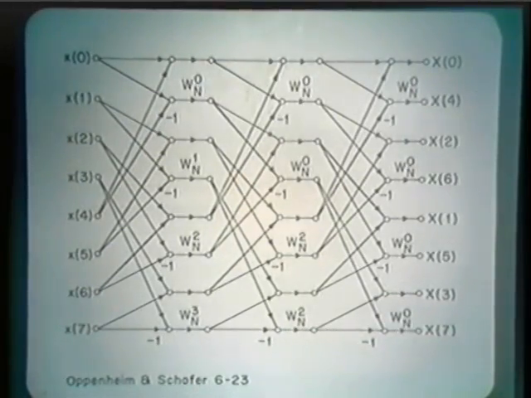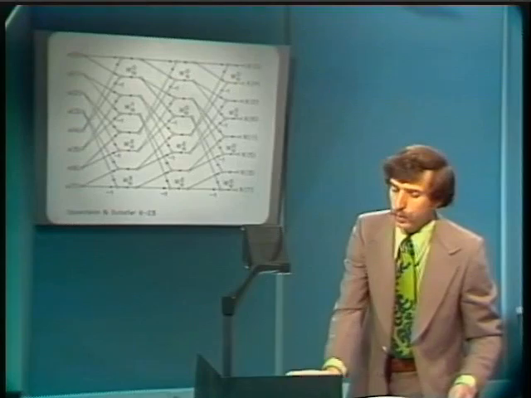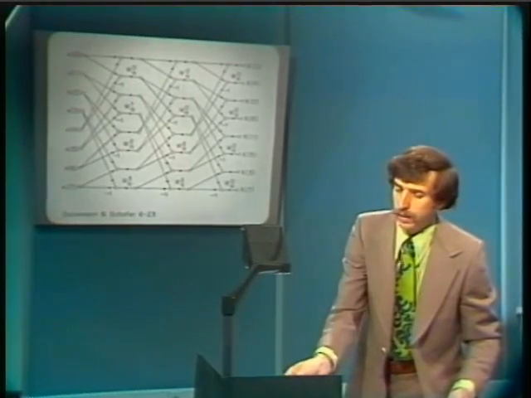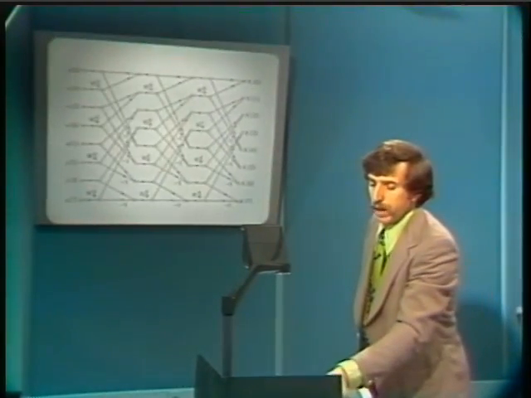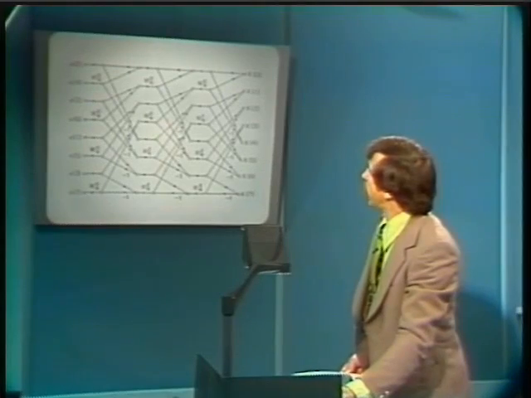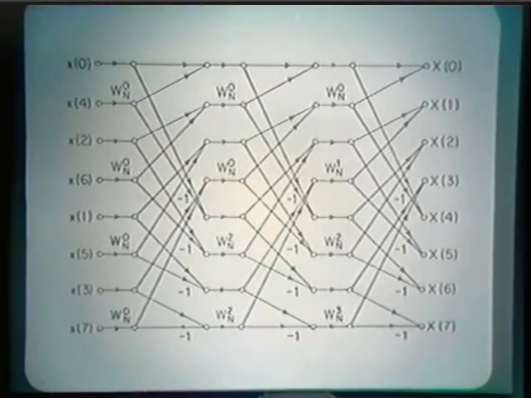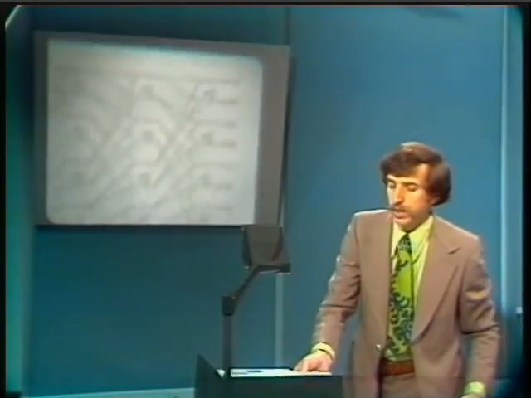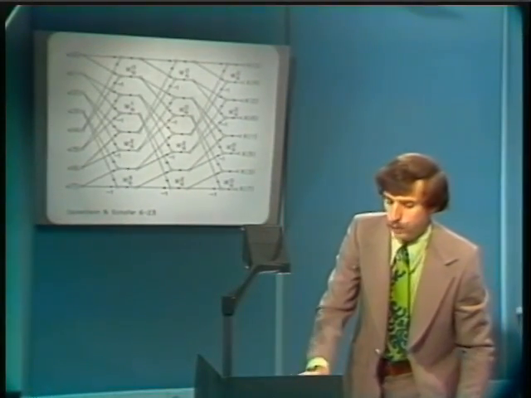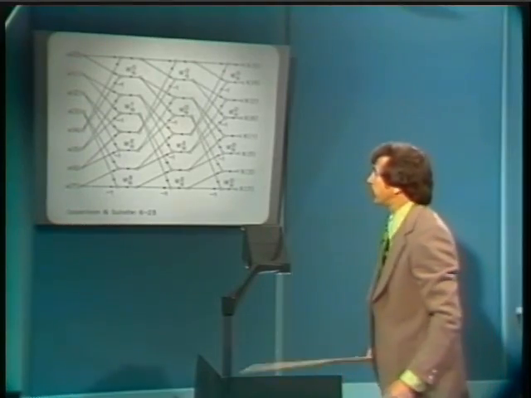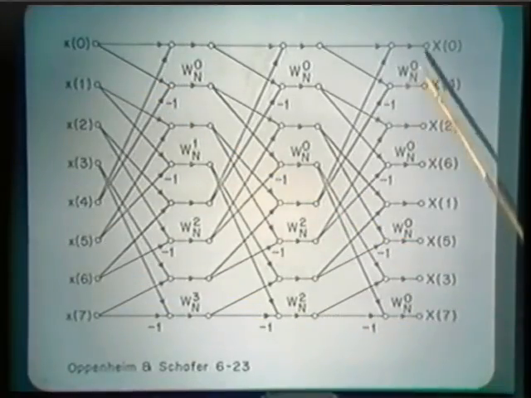And let me just compare this for you with the corresponding flow graph that we had last time, which I've indicated here. That has the input in bit reversed order, the output in normal order. In fact, the transposition of this flow graph is the decimation-in-frequency form of the algorithm, for which the input is in normal order and the output is in bit reversed order.